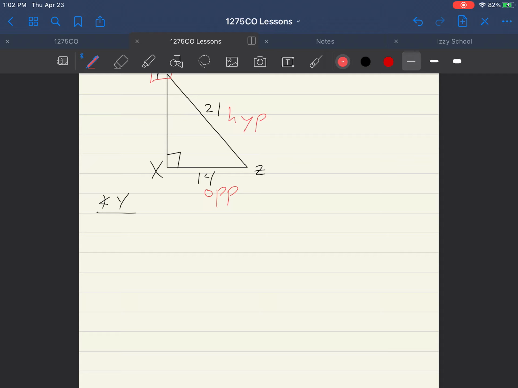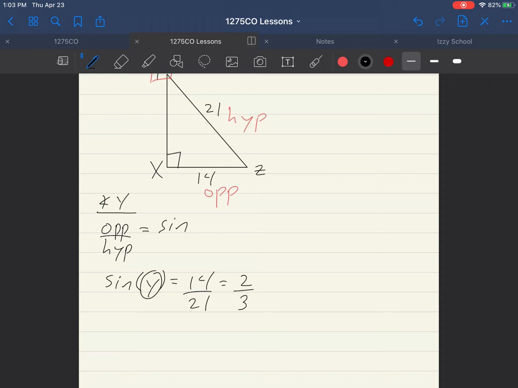So what deals with opposite over hypotenuse? Once again, the sine function. All right, so the sine of angle y, that's the unknown part, is equal to opposite 14 over hypotenuse 21, which can be reduced to 2 over 3, but does not really have to.